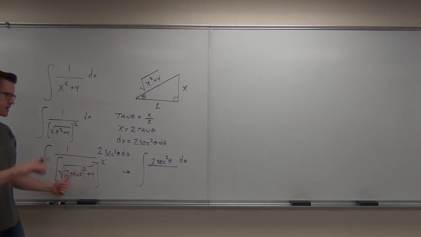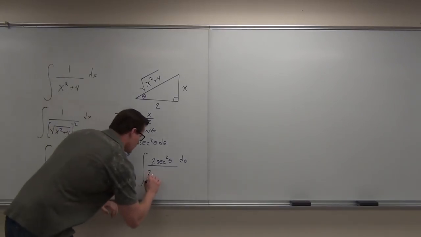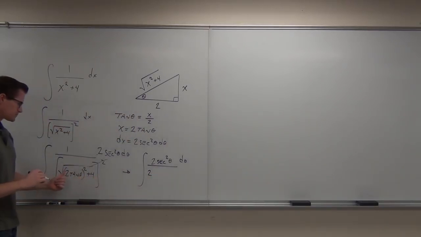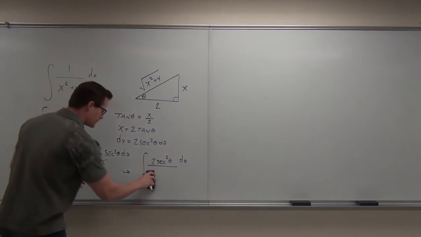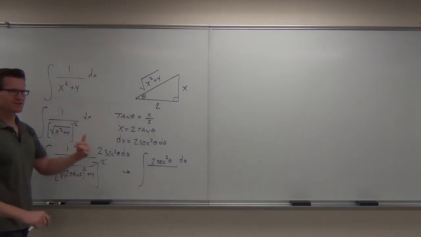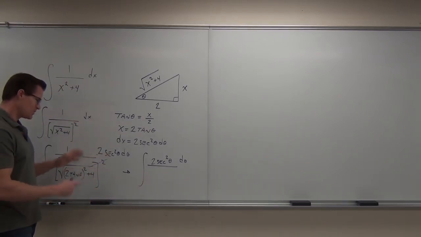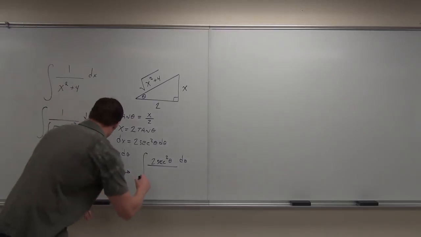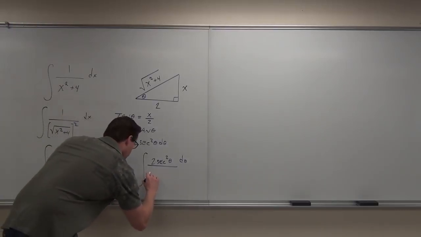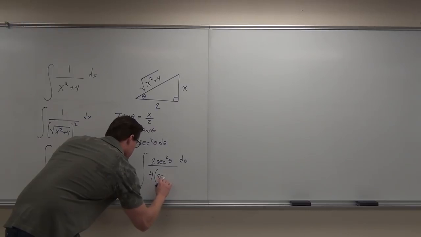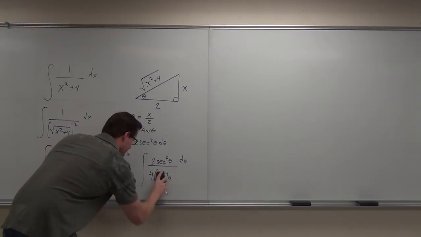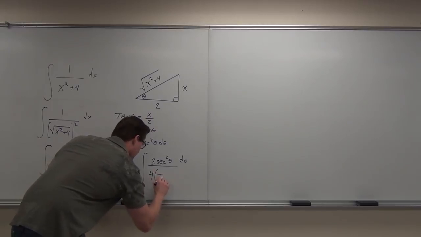I'd take the square root of 4, I'm going to get 2. I wouldn't have a square root anymore. The square root's gone. I made a mistake. This is why I don't like to do the square root, because it's gone now. So maybe I can write this and you guys can follow me from here. We'd pull out the 4, and we'd have secant squared theta at, shoot. I'm going too fast for my own good, aren't I?